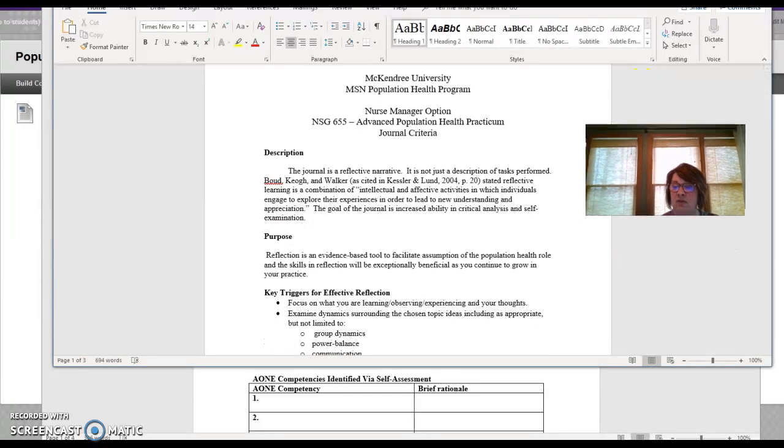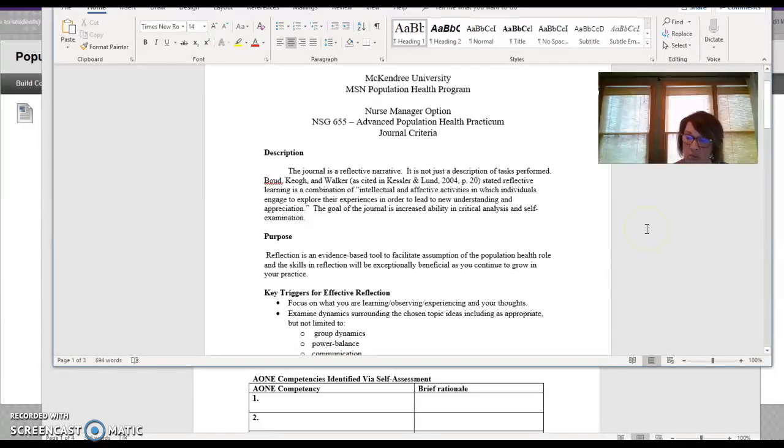With that being said, we're going to go into the recommendations for writing the journals themselves. This is a reflective process, so it's really important that you, so to speak, think about your thinking. This is not just an exercise for this course.